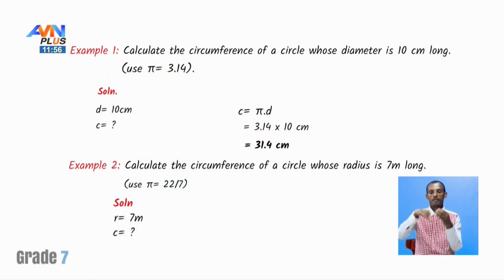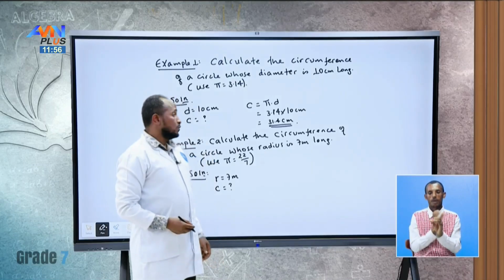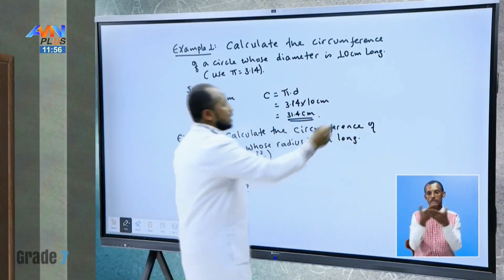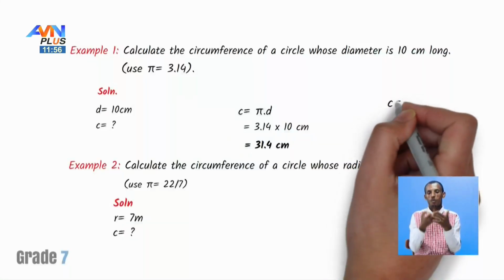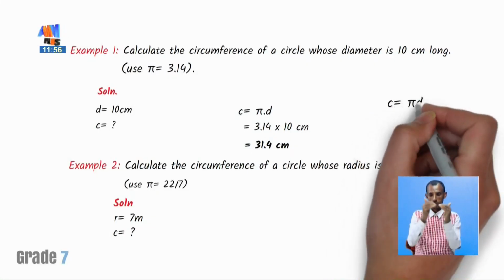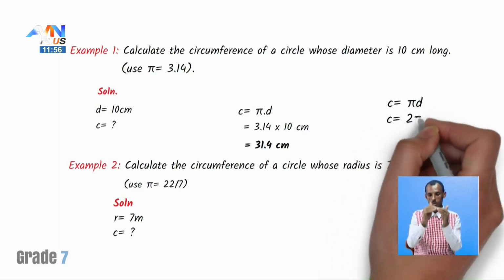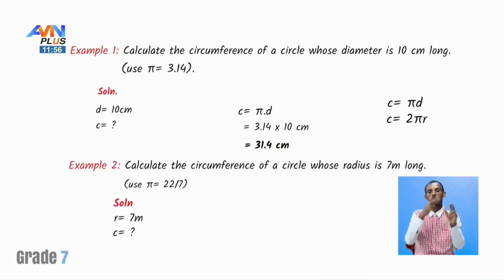So how do we calculate circumference? We have already drawn two equations. Circumference is equal to pi times diameter, or circumference is equal to 2 pi times radius. In this case, we can use this equation since the radius is given.